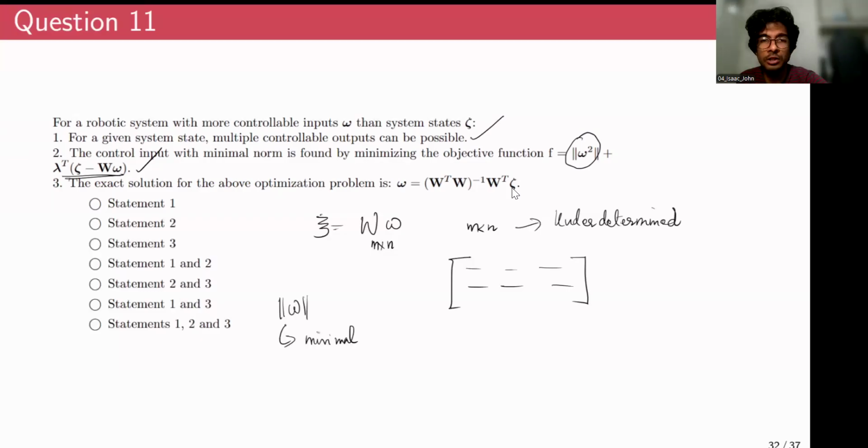And the exact solution for this optimization procedure is given by this one. But I hope you can see that this expression, W transpose W, the whole inverse, W transpose, is the left pseudo inverse.